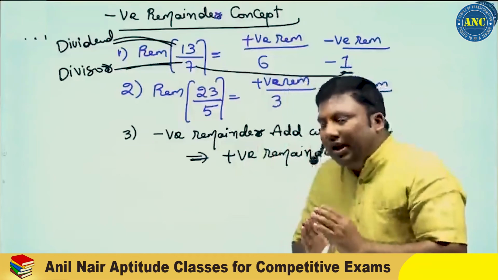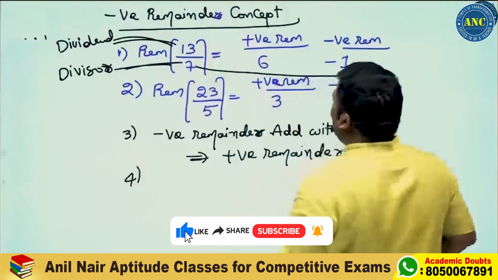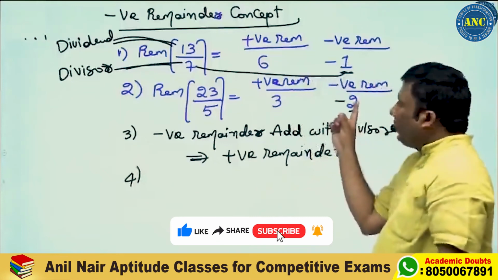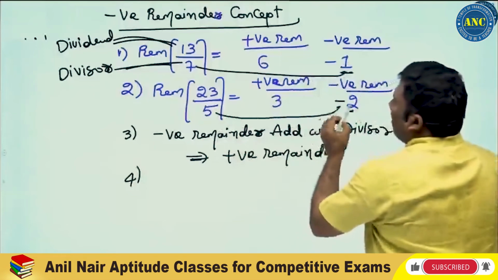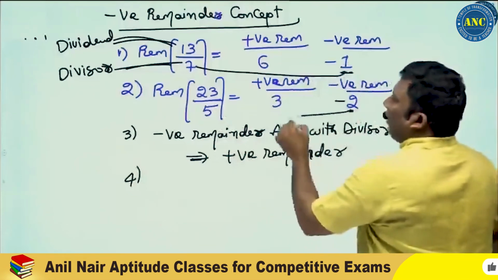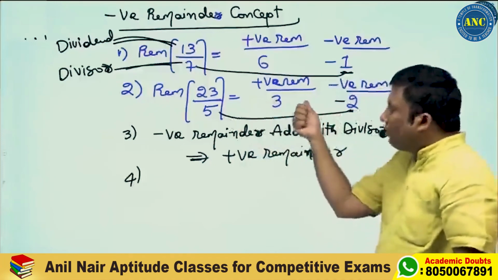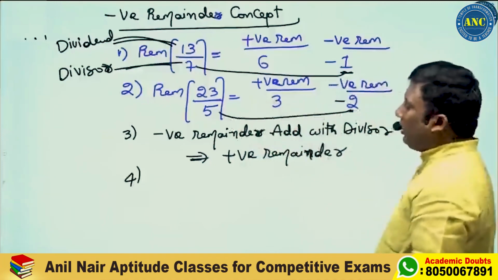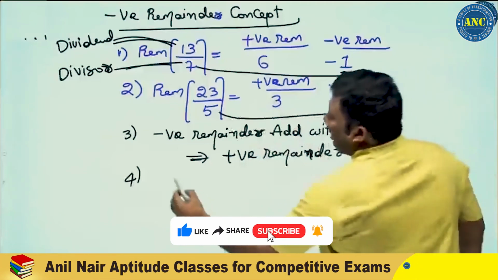How to convert a negative remainder to a positive remainder? In case you got a negative remainder, minus 2, add with the divisor to get the positive remainder. 5 minus 2 is nothing but 3. Positive remainder is nothing but 3.